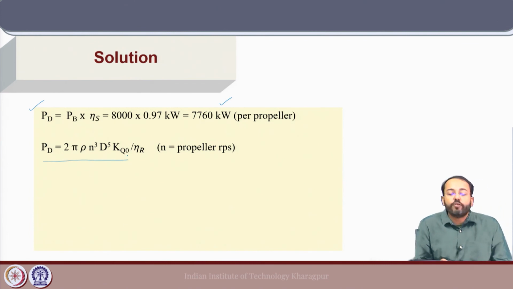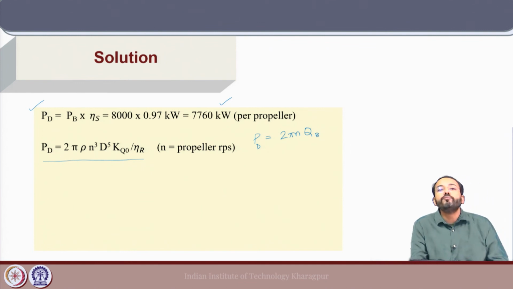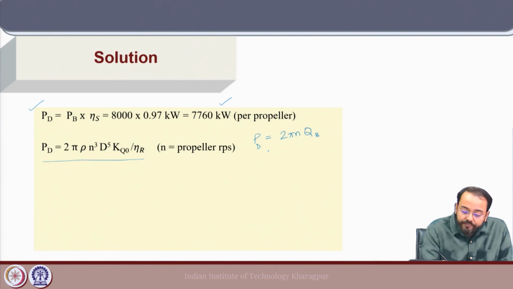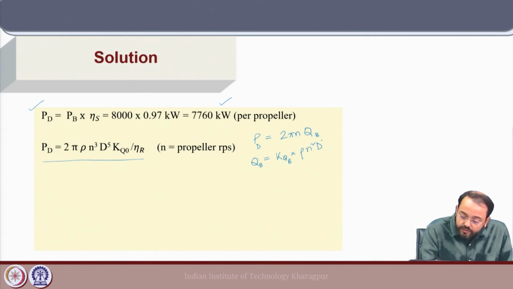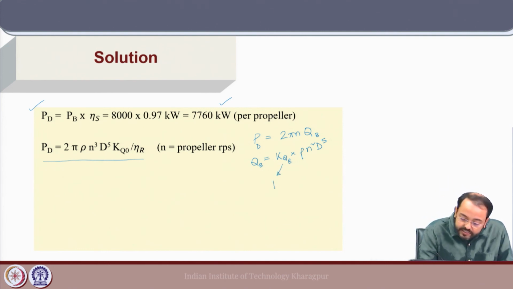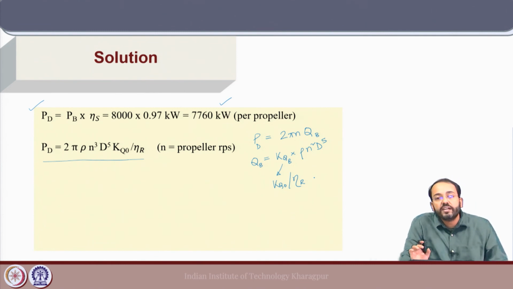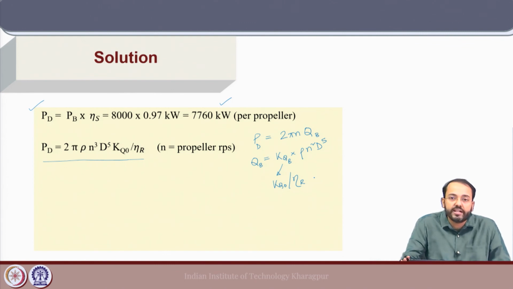PD can be written in this form, where PD is 2 pi n QB, where QB is the propeller torque in the behind condition, and QB is KQB into this expression, and KQB can be written as KQO divided by eta r, the relative rotative efficiency, and the value of KQO is given in the problem for the corresponding value of J at which the propeller is operating.